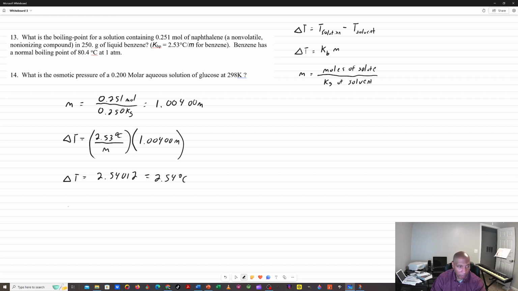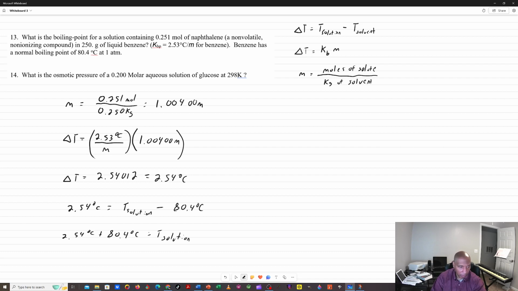So the next problem, I'm going to put 2.54 degrees Celsius in for delta T. The boiling point of the solution is what I'm trying to find, so I'm going to put that right there. The boiling point of the solvent is 80.4 degrees Celsius. So of course I'm going to add 2.54 degrees Celsius to 80.4 degrees Celsius, and I'm going to get the boiling point of my solution.